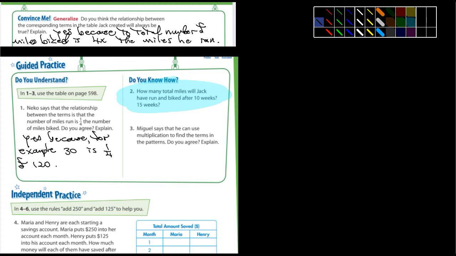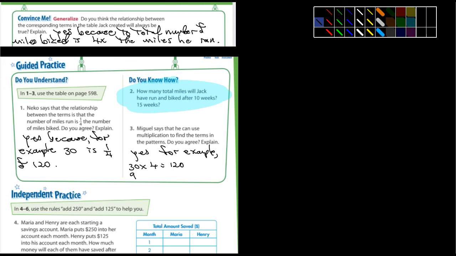Number 3, Miguel says that he can use multiplication to find the terms in the patterns. Yes, I agree. For example, 30 times 4 equals 120.